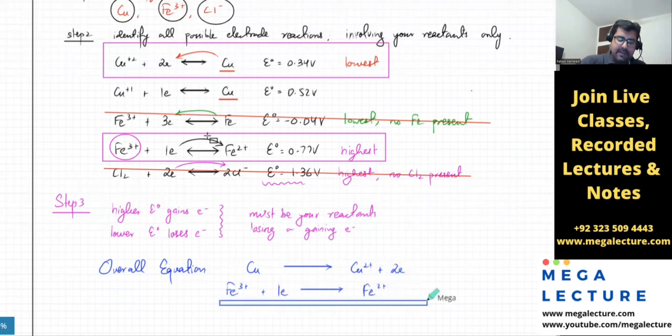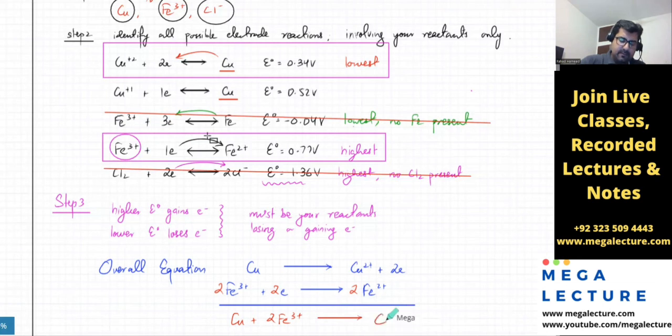Make the number of electrons gained and lost equal. So multiply this by 2 Fe, and the product that you're going to have is copper 2+ plus 2 Fe2+.